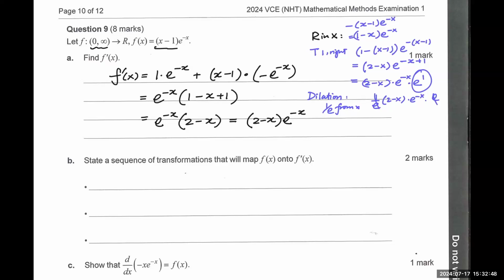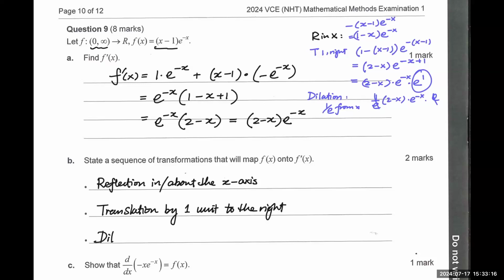So according to my working out here, reflection about the x-axis. And you can actually do the translation first. Yep. Translation by 1 unit to the right.